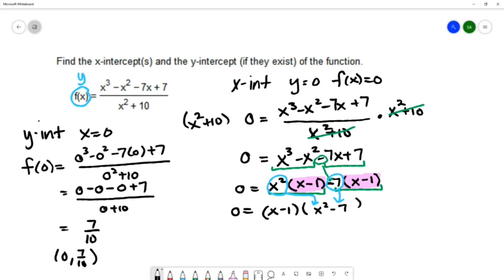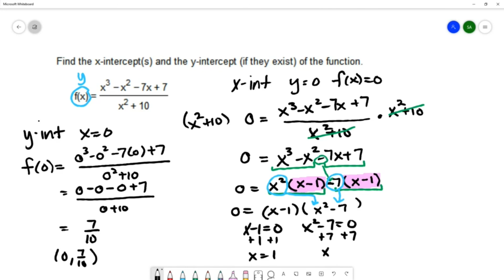And you set each factor equal to 0. And on this factor, x minus 1 equals 0, we would add 1 to both sides and get x equals 1. In this other one, we have x squared minus 7. I would add 7 to both sides.